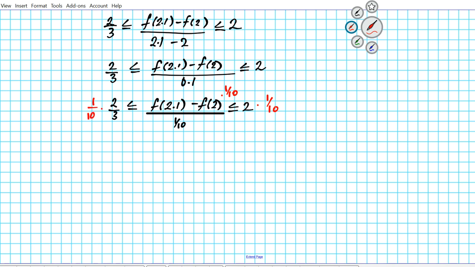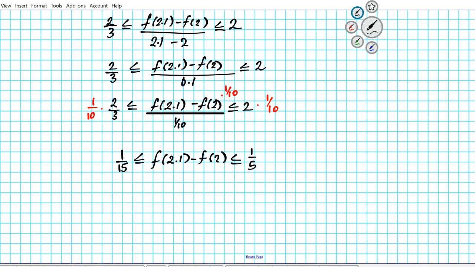If we simplify that, on the left side, 2 goes there, 2 goes there, 5. That'll be 1/15 is less than or equal to, and the denominators cancel out in the middle of the inequality, so it's f of 2.1 minus f of 2, and that's less than or equal to, on the right, 2 goes there, 2 goes there, 5, 1/5.